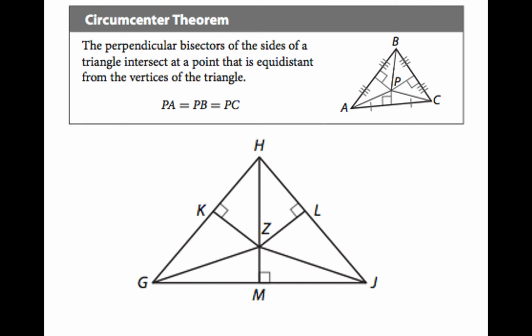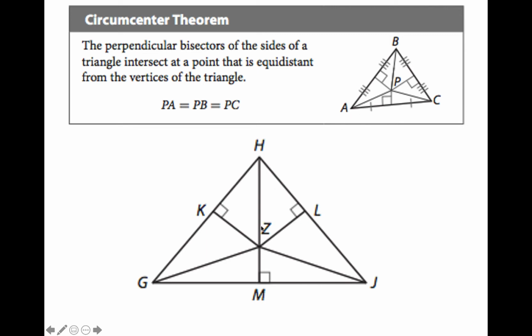So what does this mean? Notice that all three perpendicular bisectors intersect at point P. So P is called the circumcenter. Very fancy name. The circumcenter is equidistant, the same distance from all of the vertices of the triangle.